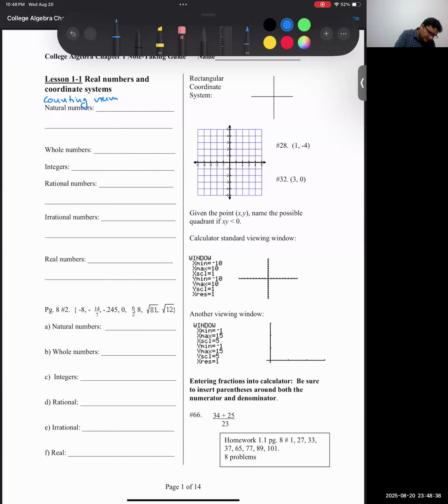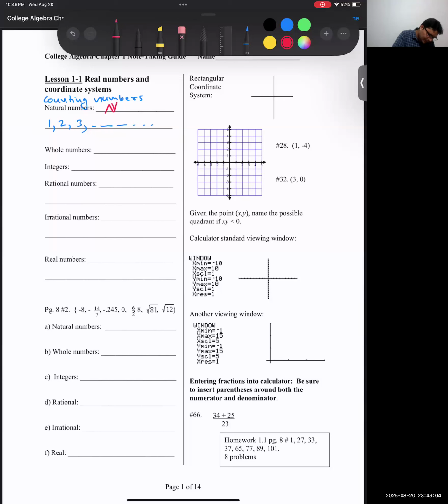Okay. And it starts with 1, 2, 3, and it goes on. So those trailing dots mean it will go on till infinity. Okay, those are natural numbers. And in a different color here, I'm going to write a symbol.